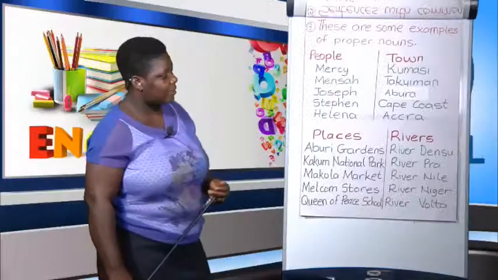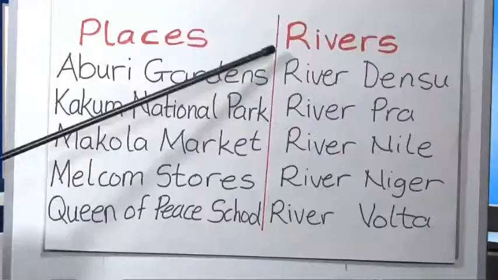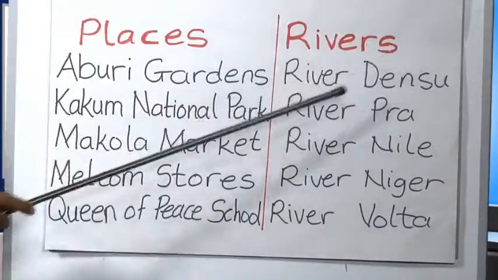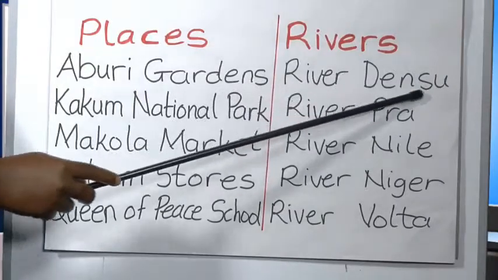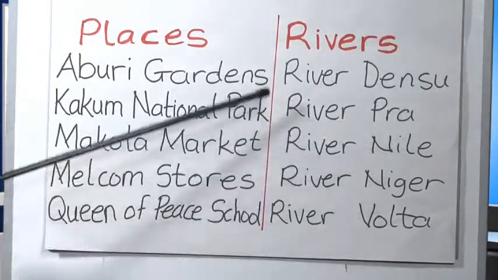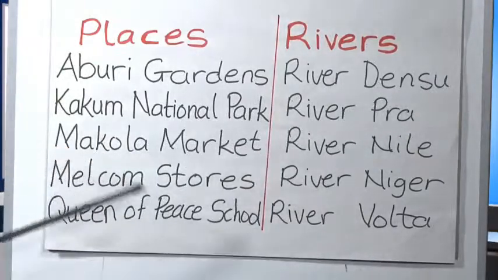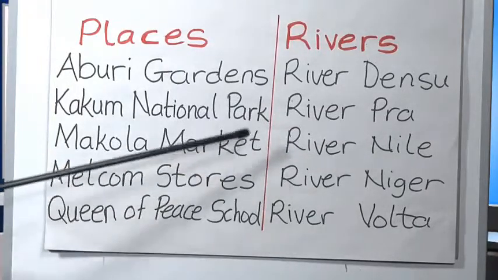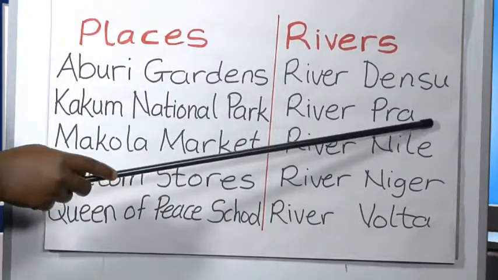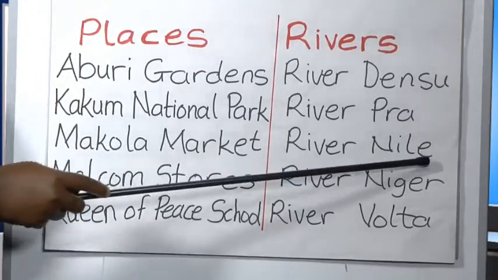Now let's take some examples of rivers. Some examples of rivers are River Densu. River Pra. River Nile.